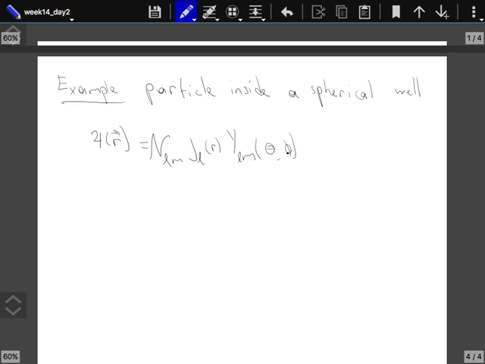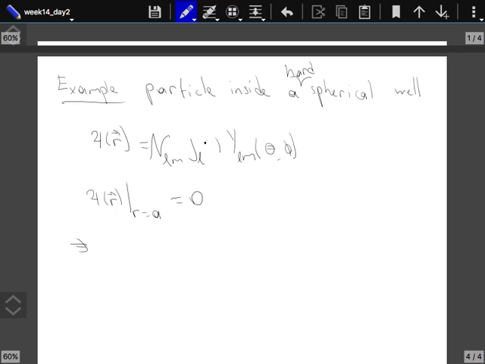But of course, this time we have a condition: the particle cannot be outside the sphere. So psi of r, when you evaluate it on the sphere, inside the hard sphere, should be 0. This is our second boundary condition. Sorry, just one correction here.